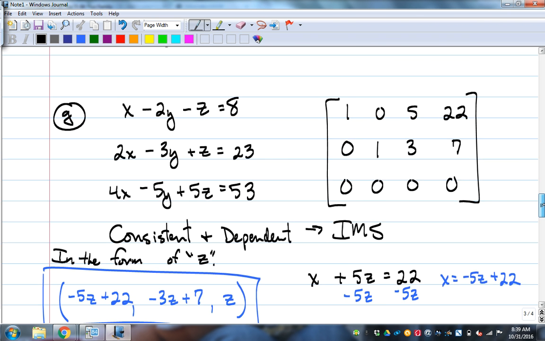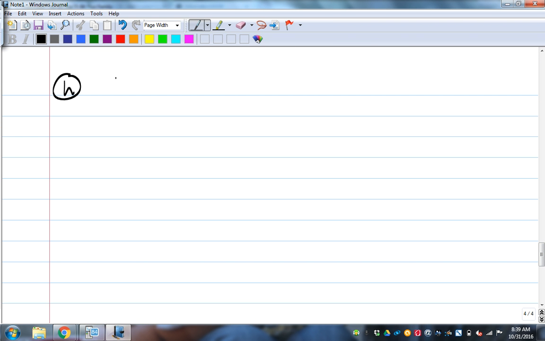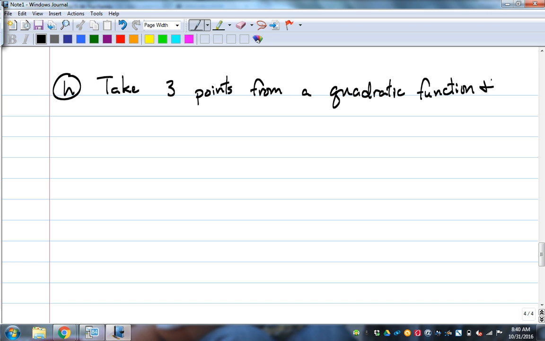That was example G, so this is example H. Take 3 points from a quadratic function and create a function using systems of equations.